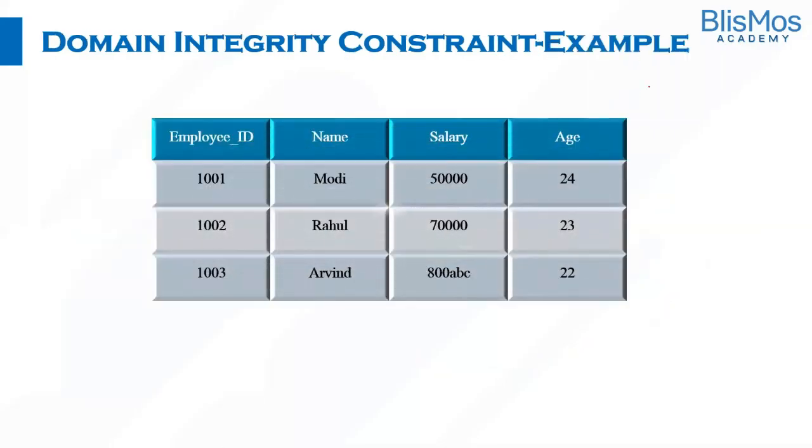Let us take this entity here. We do have employee ID, name, salary, and age. So how many attributes are there in this particular table? We do have 4 attributes. Can you just observe this table and see if everything is okay here? Looks like you got what is happening here, right?